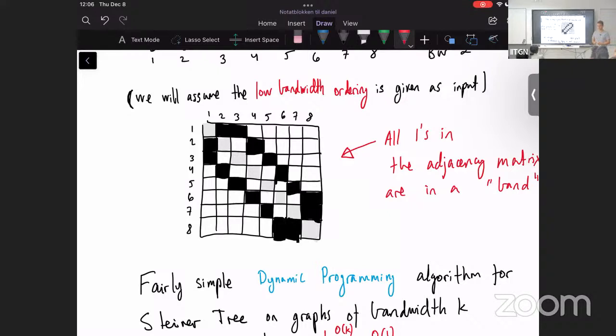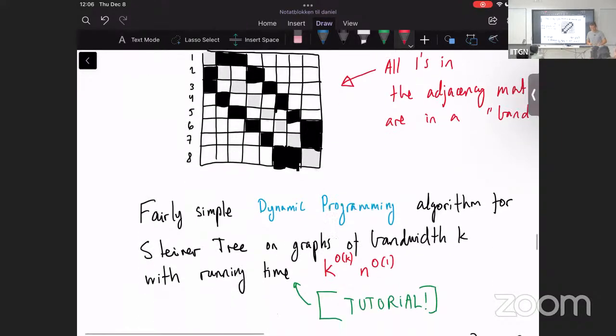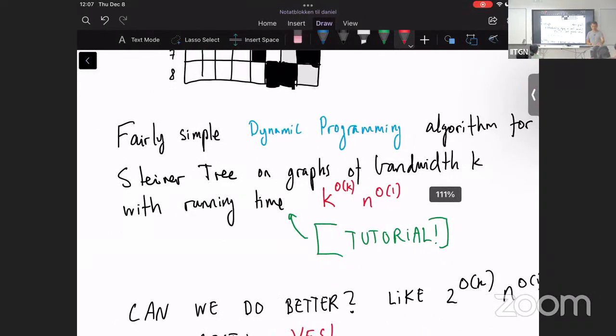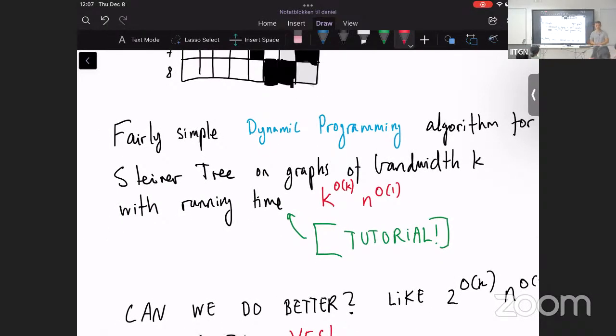This is the adjacency matrix of the cycle that we just saw. Now, if I give you a graph of bandwidth k, there is a fairly simple dynamic programming algorithm that will solve the Steiner tree problem in time k to the k, bandwidth to the bandwidth.